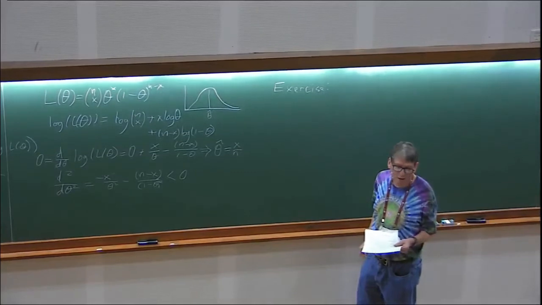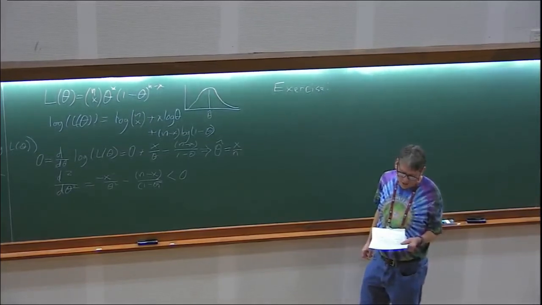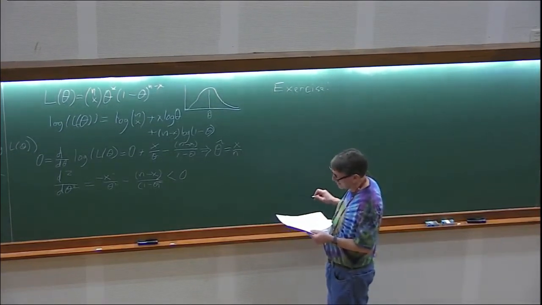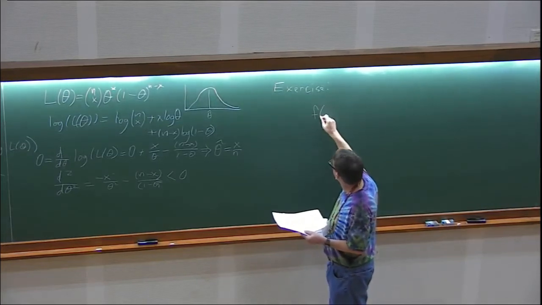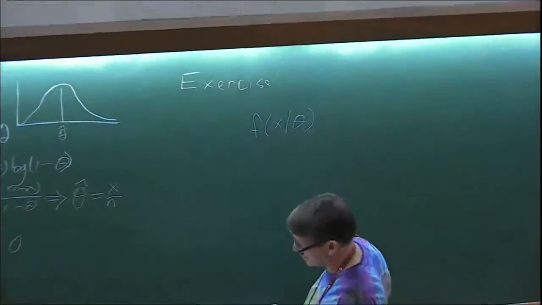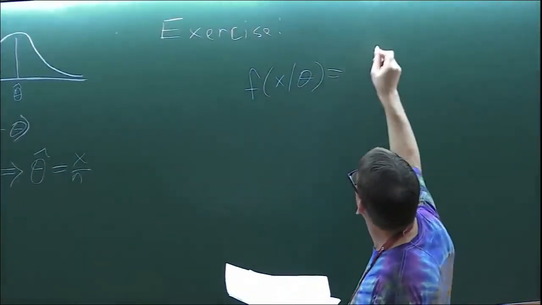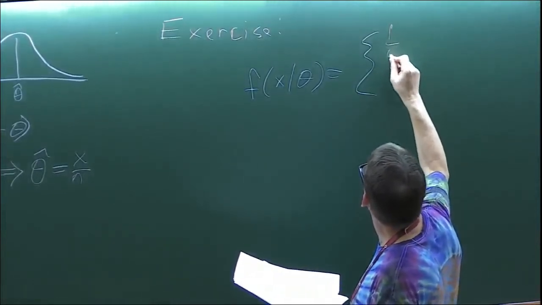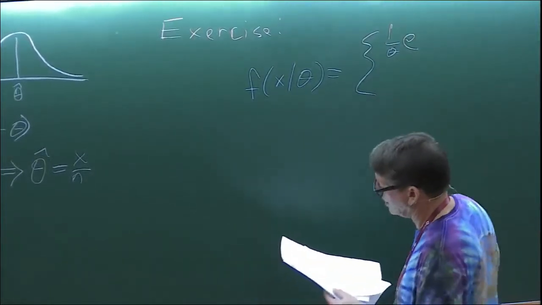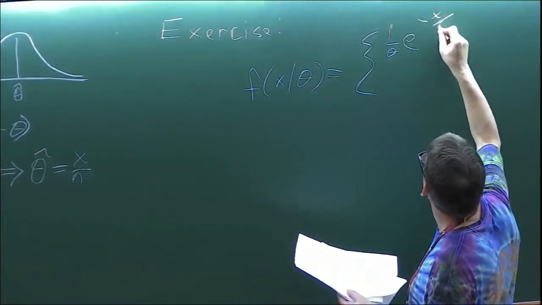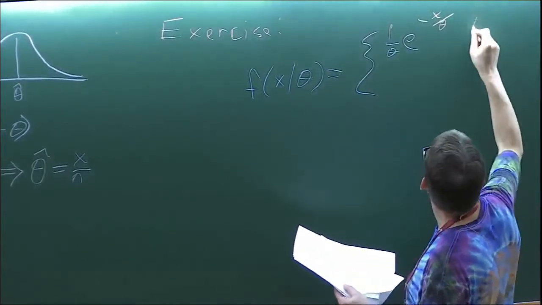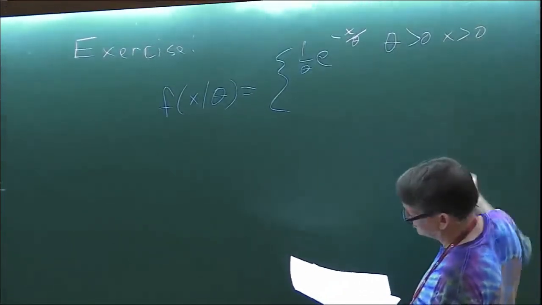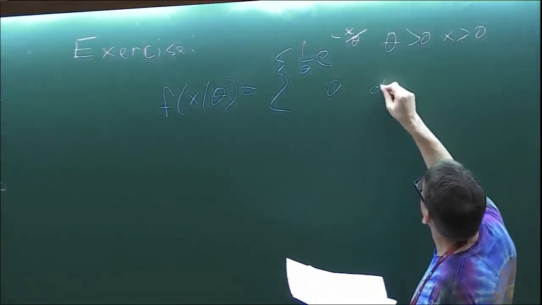Suppose that a component has a constant probability of failure, so that it lasts for some time x, with the distribution f(x|θ) = (1/θ) e^(-x/θ) for θ > 0, x > 0, and 0 otherwise.